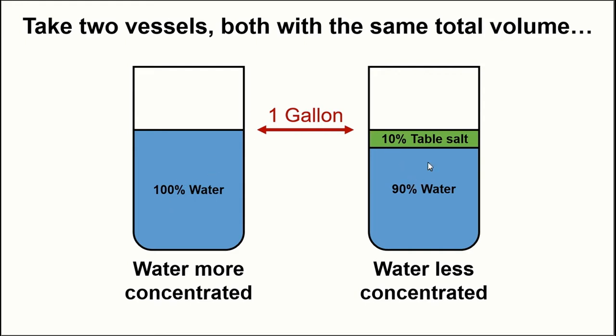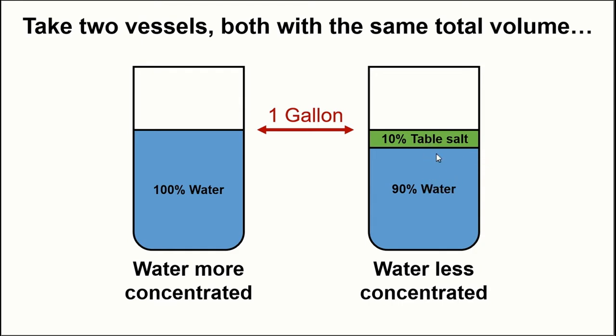In the right vessel here, we've placed table salt into that vessel, and that table salt amounts to 10% of the volume of the vessel. So we've filled this vessel with 10% of its volume as table salt, and then we'll add water to it until we reach 1 gallon.